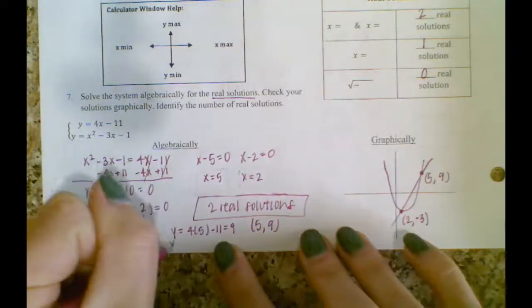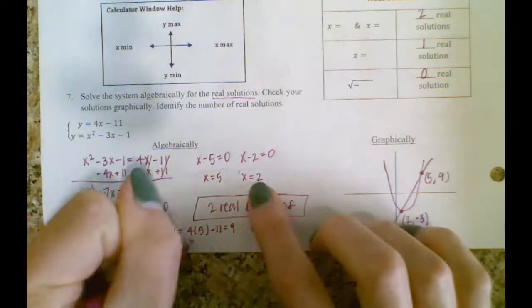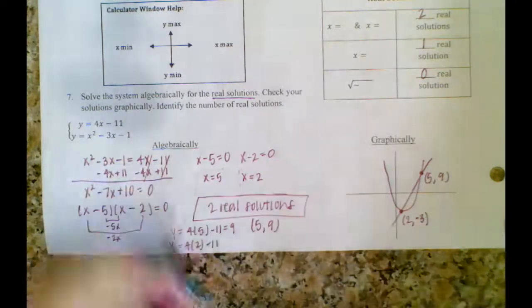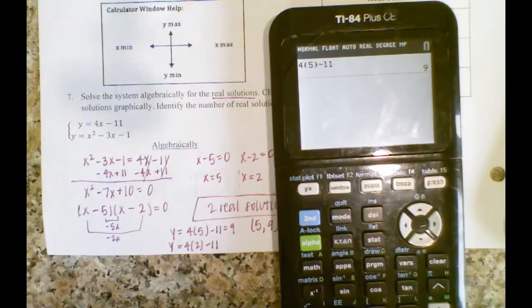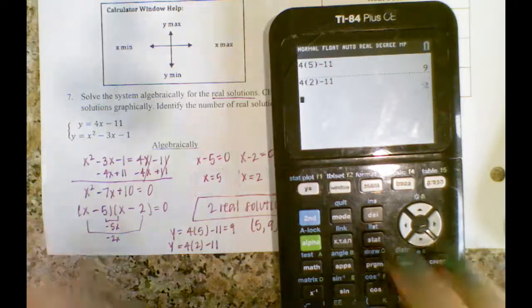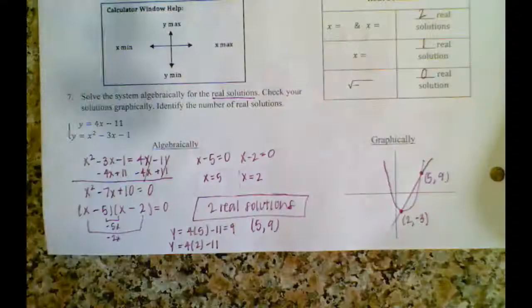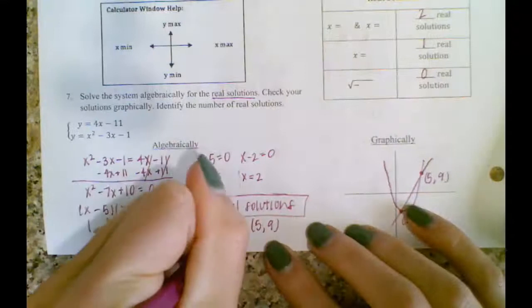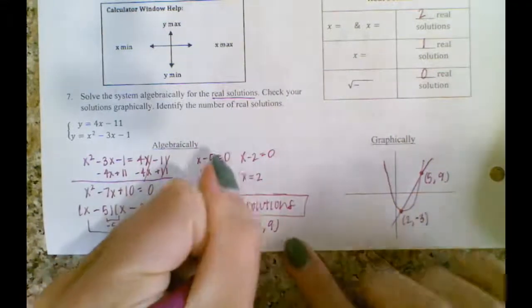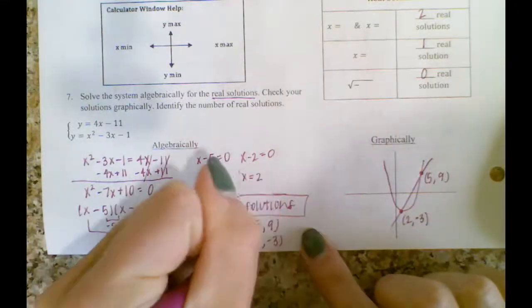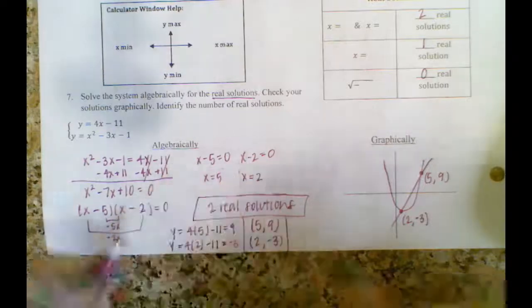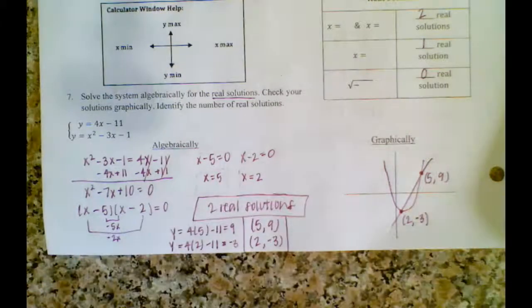And then for y equals 4 times that x value of 2 minus 11, we get -3. So this would be 2, -3. And that makes sense because those are the solutions we got graphically.